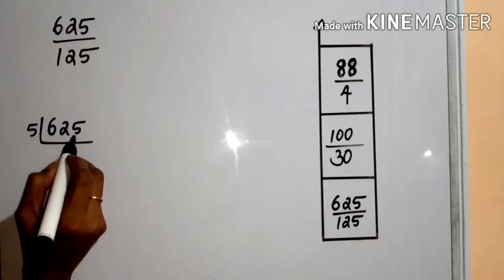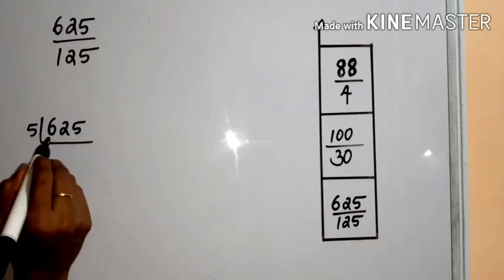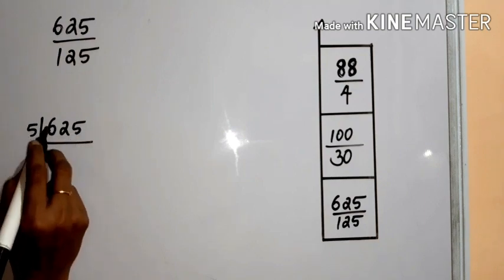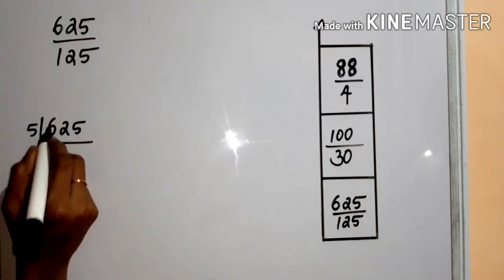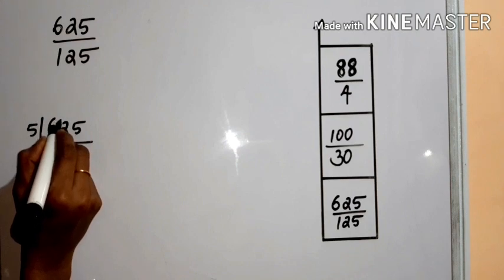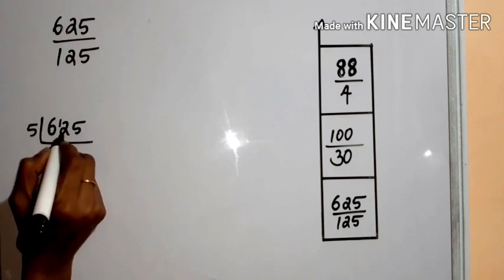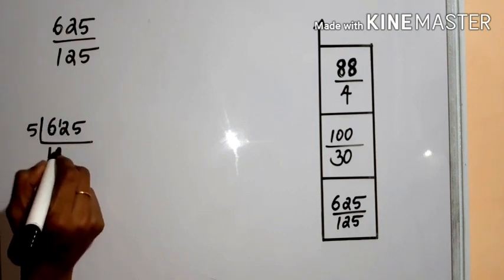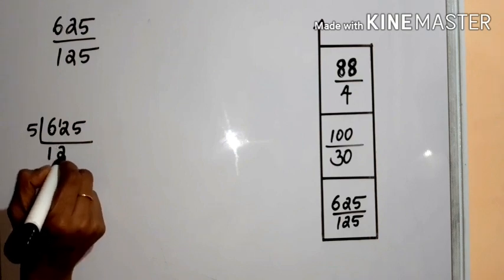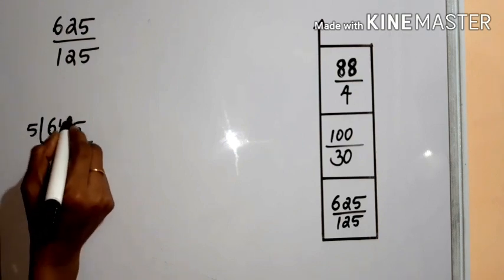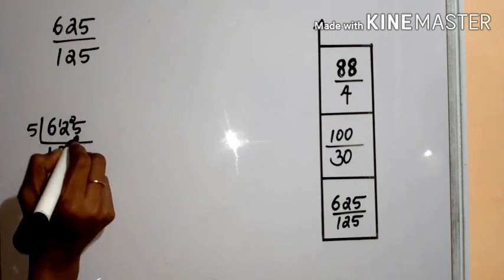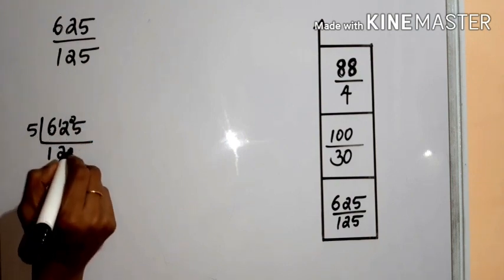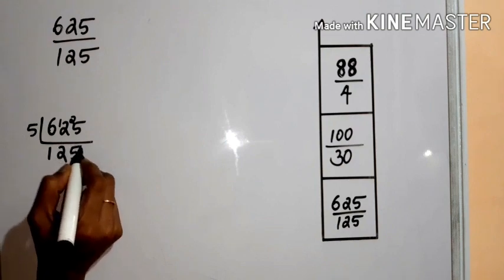Here the ones place digit is 5. From 6, how many 5's can we take away? Only 1. 1 into 5, 5. Remainder here 1. So it becomes 12. From 12, how many 5's? 2 5's are 10. Again here remainder 2. It becomes 25. From 25, we can take away 5 5's.